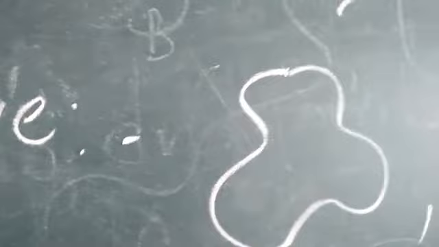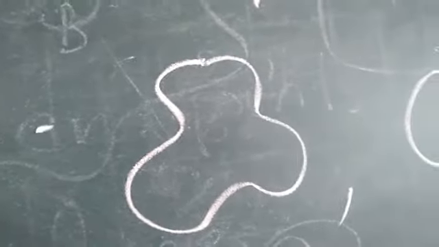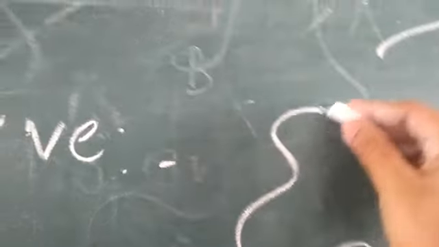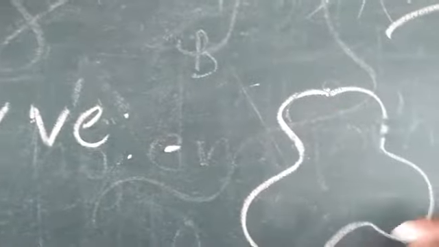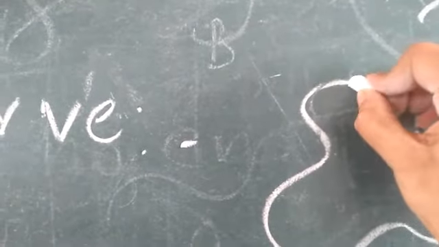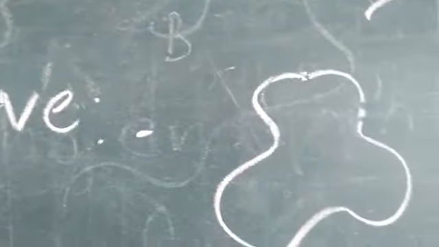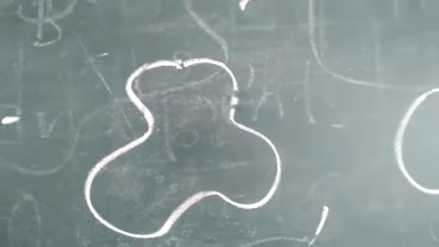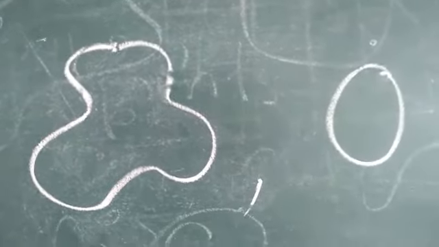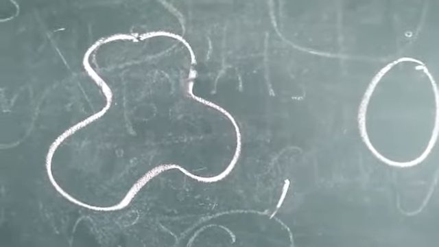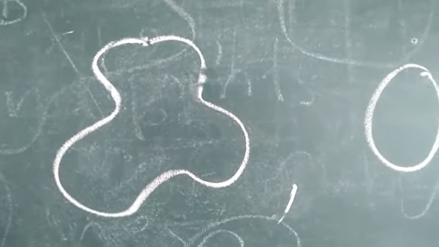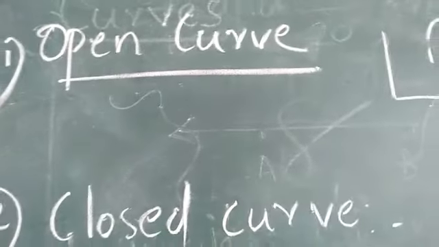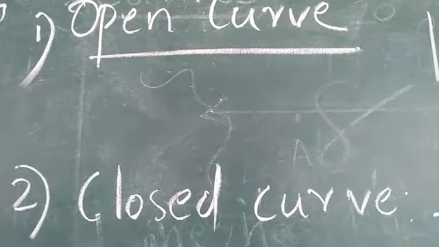But in the second set of figures, they are closed. If I start from here, it meets again and forms a closed curve. So, these two are closed curves. So, which are the types of curves? Open curve and closed curve.